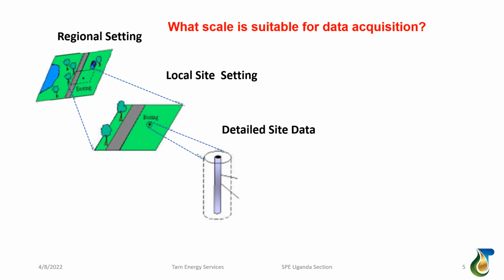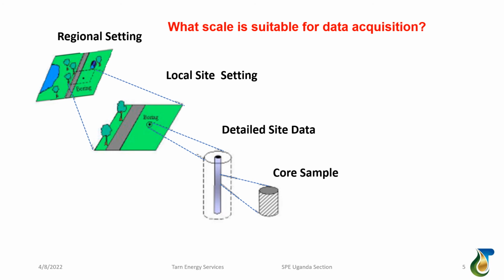Here we can do drilling and get some cores so that we are exact, not just assuming, about what we are dealing with. That's when we can go into the subsurface geophysical surveys. And lastly, we can talk about the core sample scale.